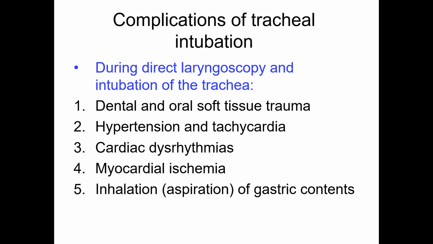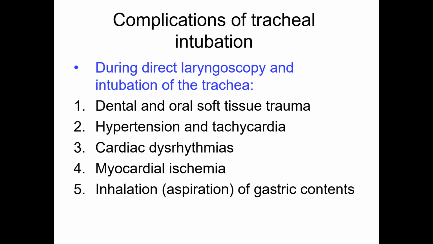Dental and oral soft tissue trauma: dental dislodgement, tissue damage, bleeding from the gums, all this may happen. Hypertension and tachycardia, especially if the patient is already hypertensive or already has a problem with cardiac rhythm.